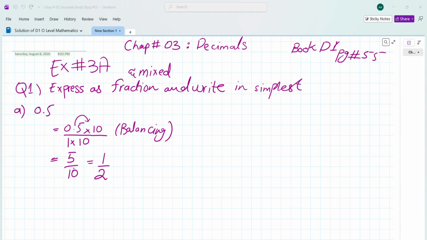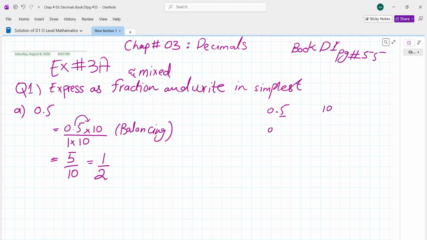Now you should ask, sir, how can we know that this 0.5 is multiplied only by 10? If you see the decimal 0.5, after the decimal there is only a single digit, so we multiply by 10.